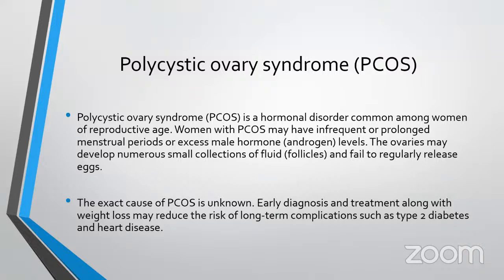The ovaries may develop numerous small collections of fluid, called follicles, and fail to regularly release eggs. The exact cause of PCOS is unknown. Early diagnosis and treatment are needed. They also put on weight in PCOS, so weight reduction is needed. Otherwise, it will lead to other complications such as type 2 diabetes and heart disease.